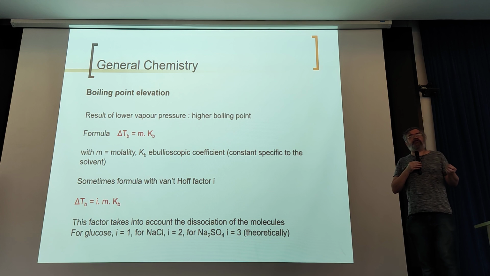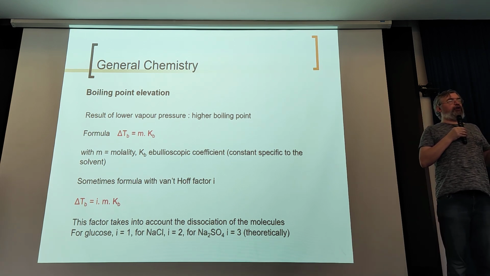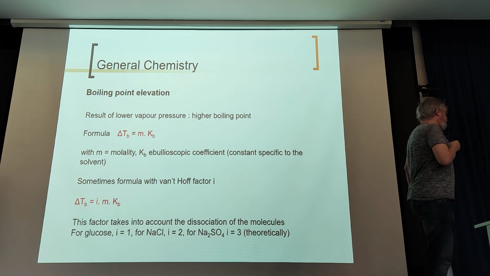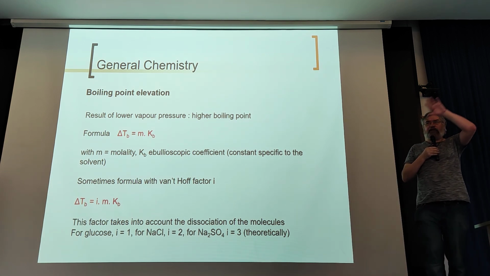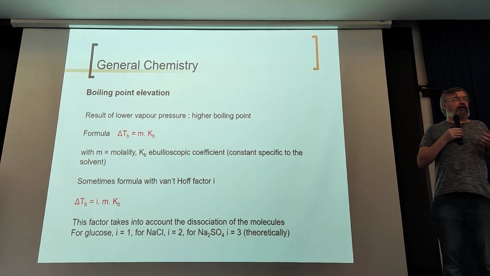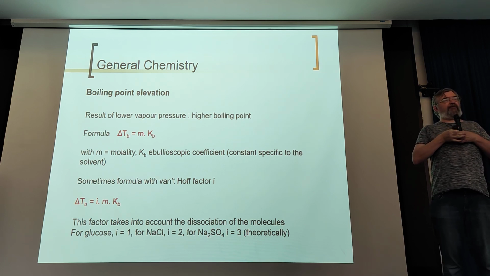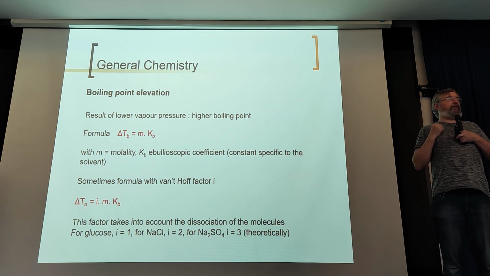Now, closely associated with the vapor pressure is the boiling point. Because in fact, if the vapor pressure is the same as the pressure of the ambient, like in this case now 1 atmosphere, and so if you have a vapor pressure of 1 atmosphere, the liquid starts boiling.